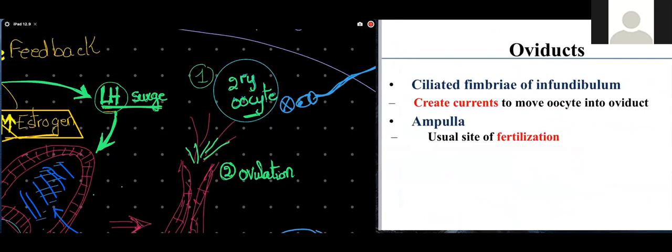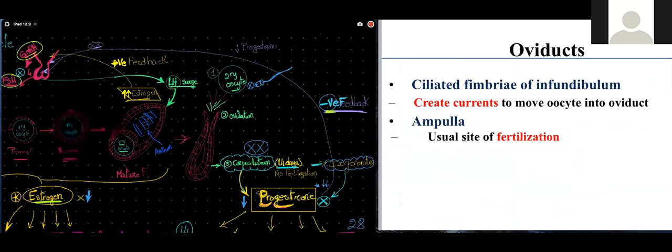Oviducts. After the ovulation, what's going to happen to this ovulated egg? Remember, we've got those finger-like projections coming out from the fallopian tube or the uterine tube. Do you remember what we called those?